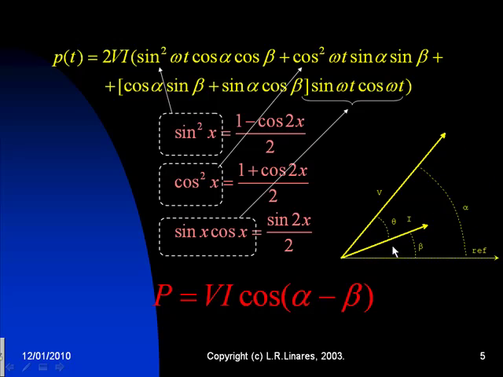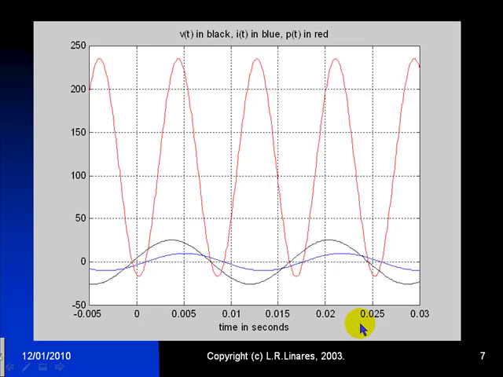Graphically, we see that active power, or average power, is the product of the RMS value of the voltage, the RMS value of the current, and the cosine of the angle between them, theta, the power factor angle. Graphically, we could say something like that.